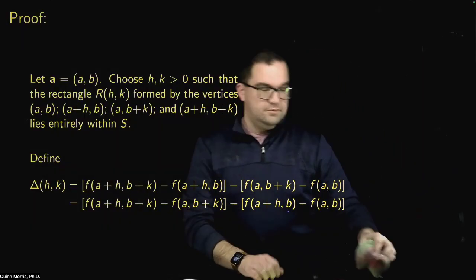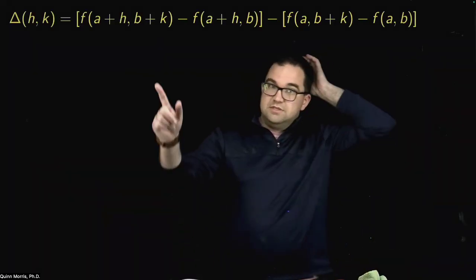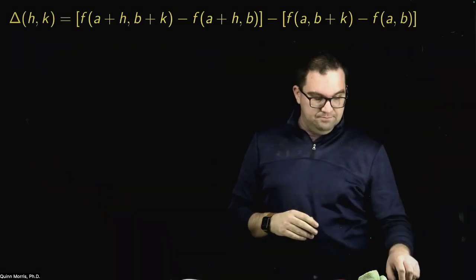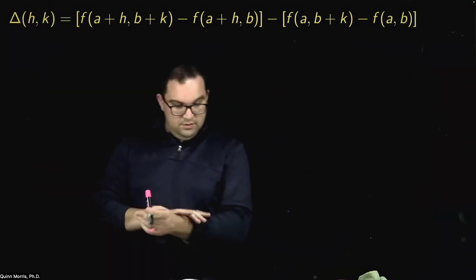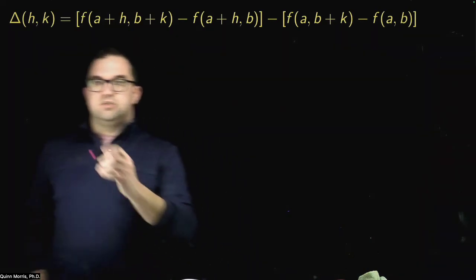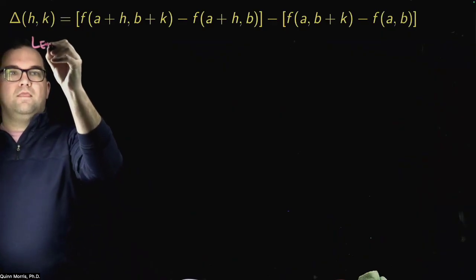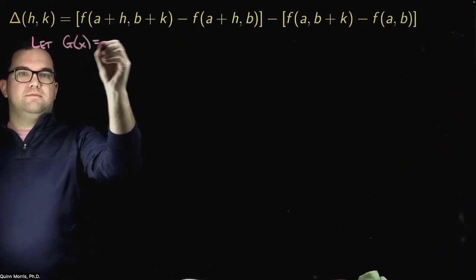All right. So let's start. This is, again, just that first definition of delta HK. Okay, so I've just put it here at the top because we're going to be working on it quite a bit. Okay, so what I'm going to do is define a function g of x.